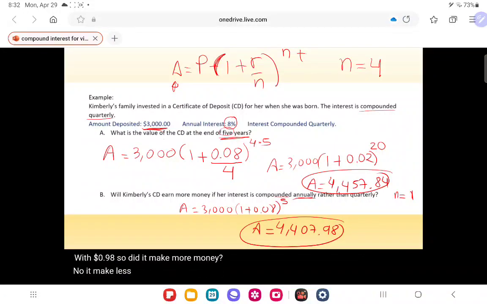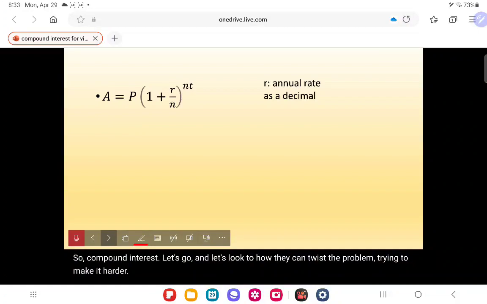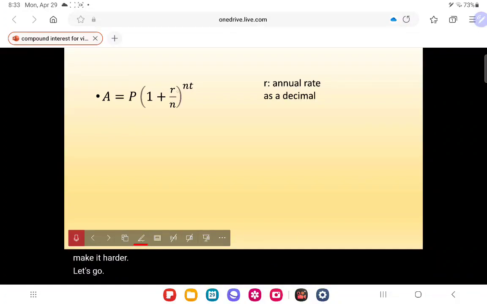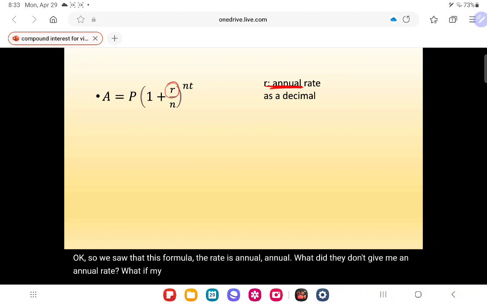So, compound interest. Let's look at how they can twist the problem trying to make it harder. So we saw that in this formula, the rate is annual. What if they don't give me an annual rate? What if my rate is quarterly?